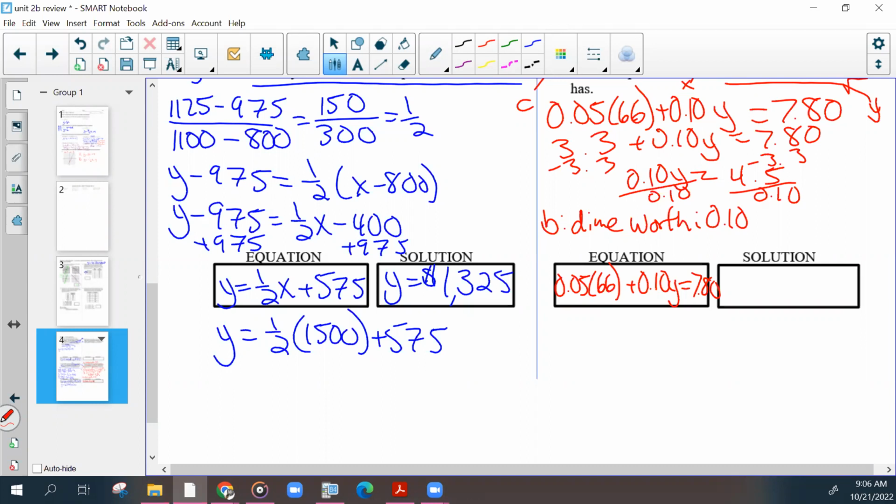So then what would our y equal? Negative 4.4. Shouldn't be negative, so since these are real world problems, you shouldn't get a negative answer.